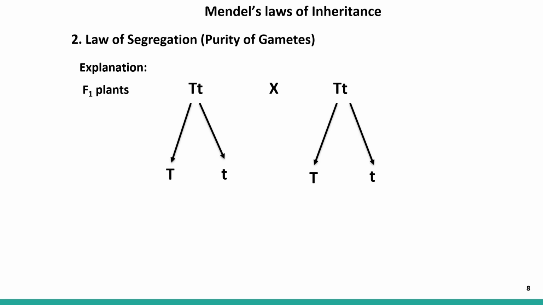So here we can see that capital T can be a male plant, and this can be a female plant, right? Capital T is one type of gamete, small t is the other type of gamete.